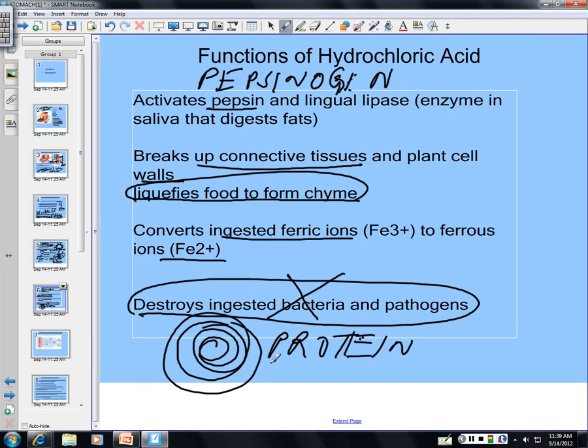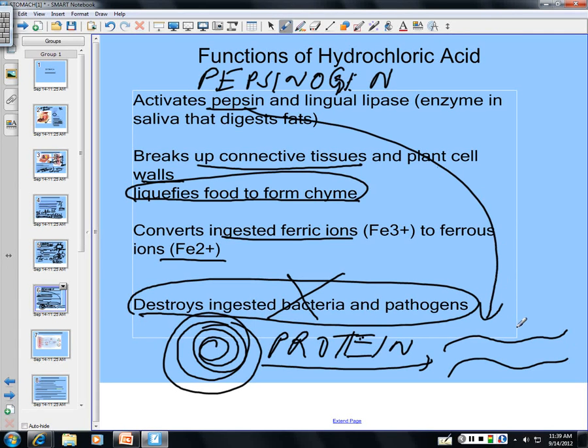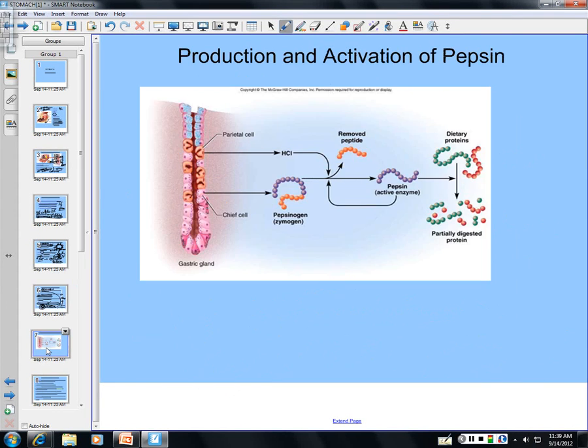So what does acid do? Acid is going to unfold this long chain of amino acids. So now pepsin can work on this protein and break it up into smaller chains of amino acids or individual amino acids, either way, okay? So like you can see right here, pepsinogen, again the chief cells are producing the zymogen.